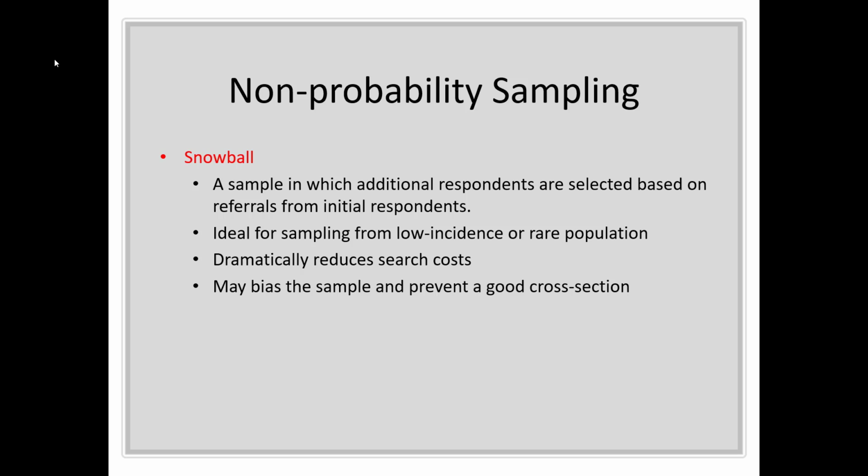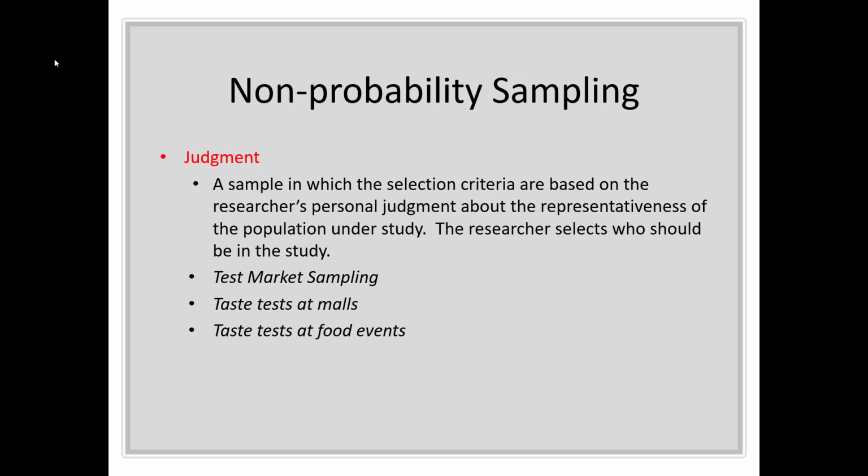Snowballing is an effective way of reducing costs, obviously, but there's a downside. With word of mouth, they tend to get similar people, so it's not going to be representative.